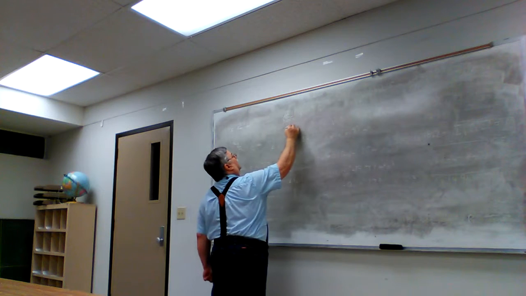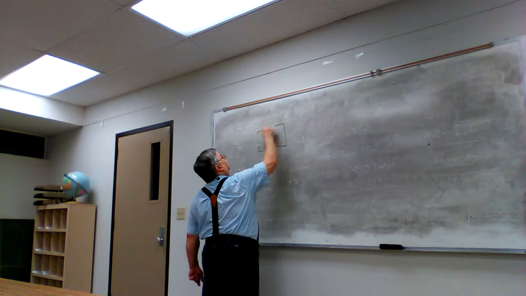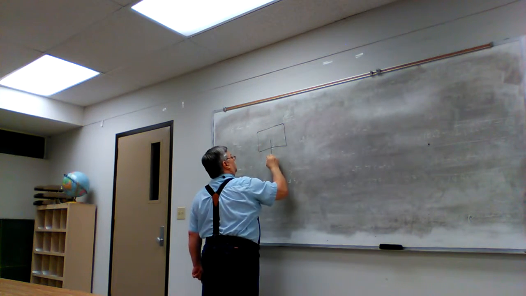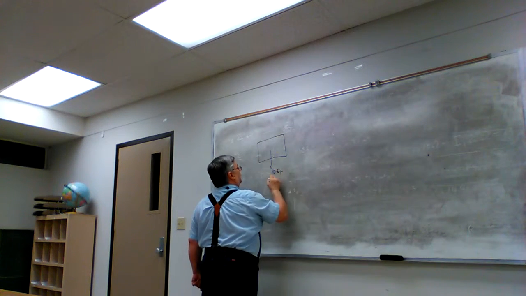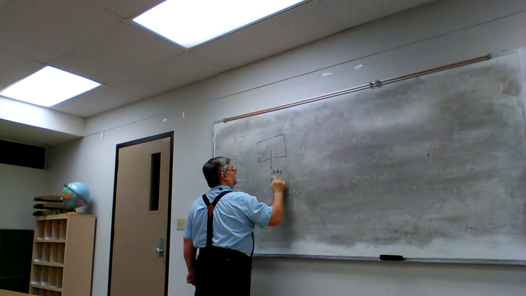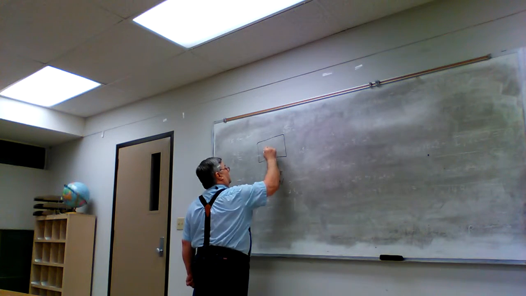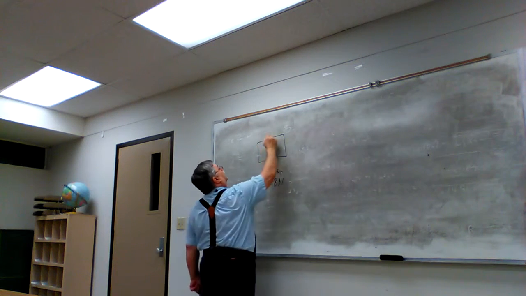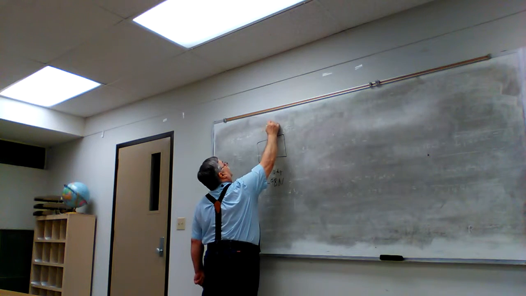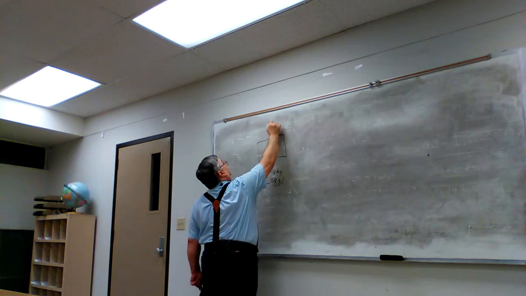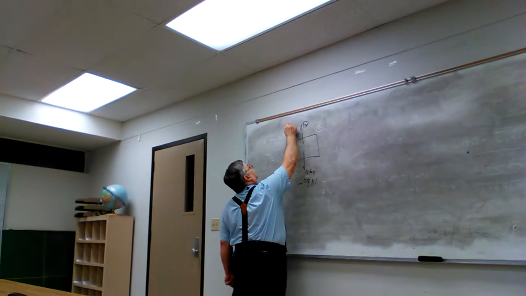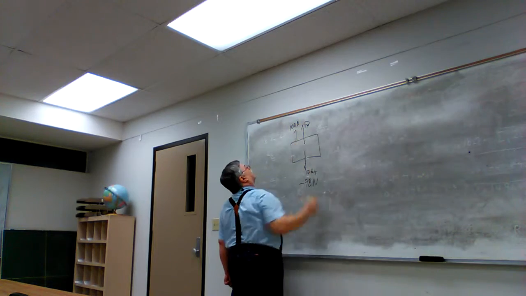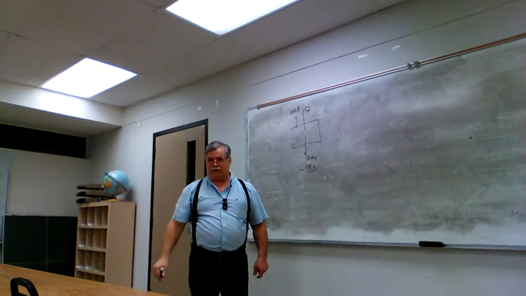Now we've got the box with 10 kilograms, so it's 98 newtons going down. The normal force is pushing up, and we are lifting on the box with 100 newtons. Now what are the sum of the forces?